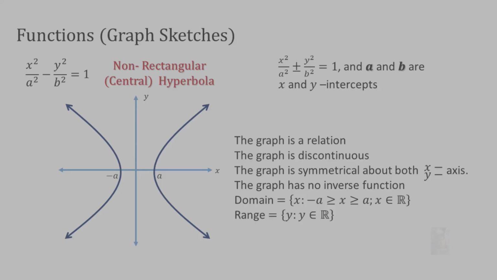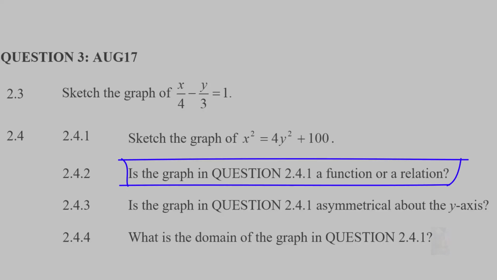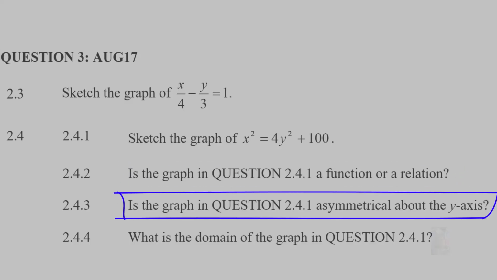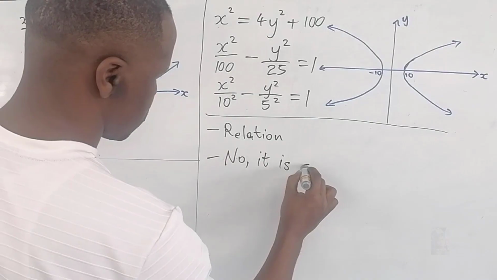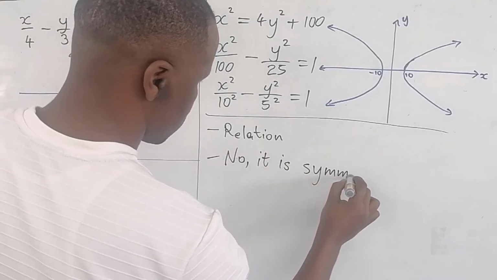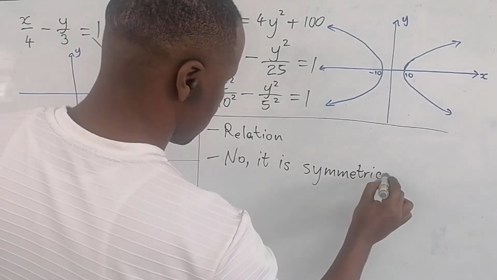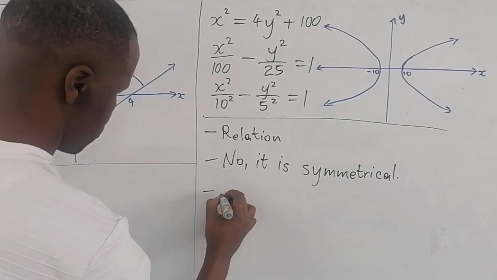It's one to many. Then the second question is asking, is it symmetrical about any axis? Yes, it is. It is symmetrical about both axes. In fact, about the y-axis and the x-axis. It was asking about the y-axis, but it is symmetrical about both axes, and also the domain.